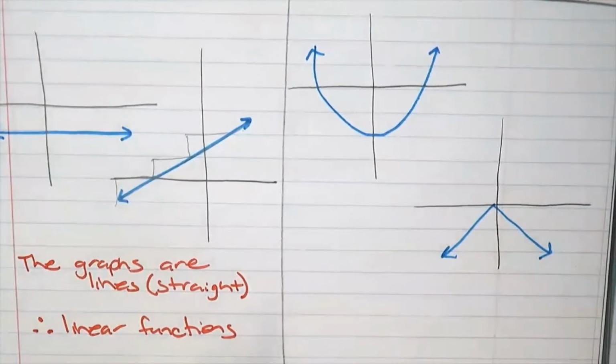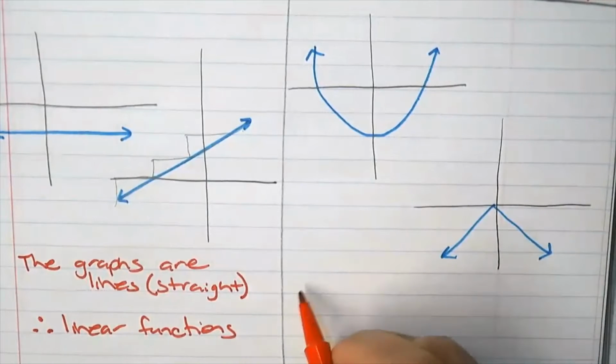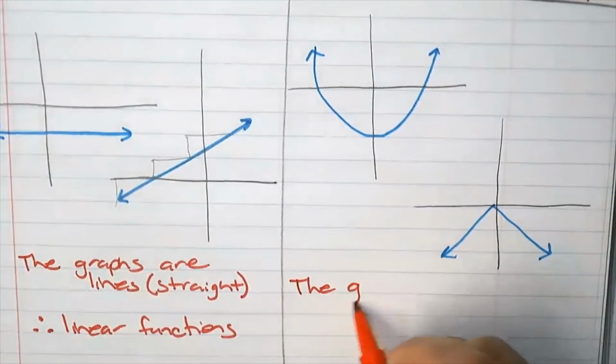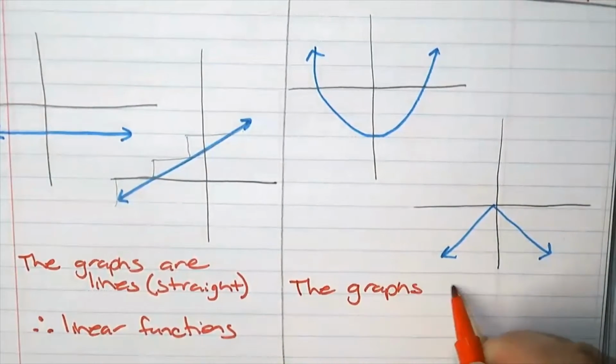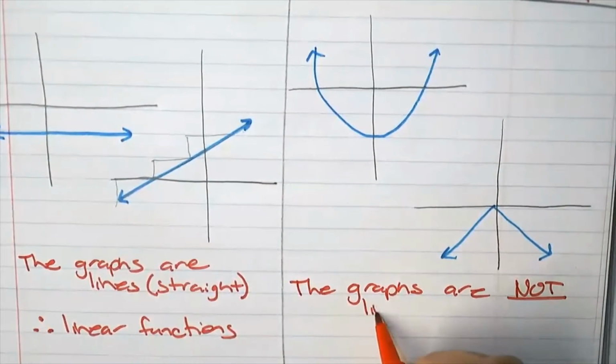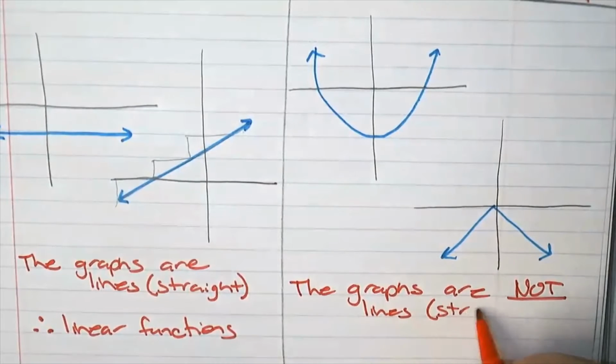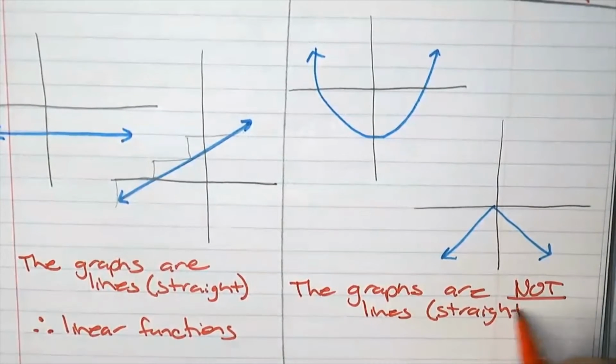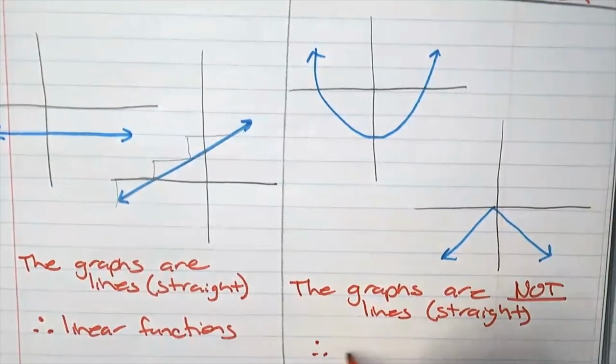They're not straight. So the graphs are not lines. They're not straight. Therefore, these are nonlinear functions.